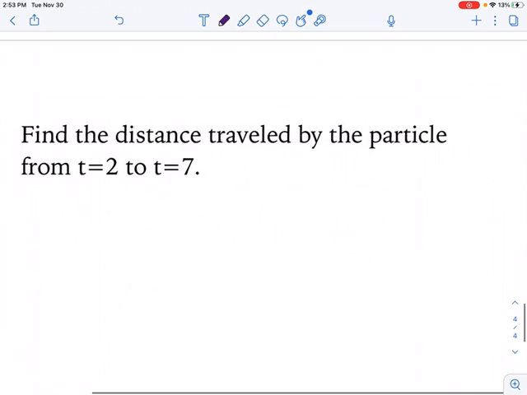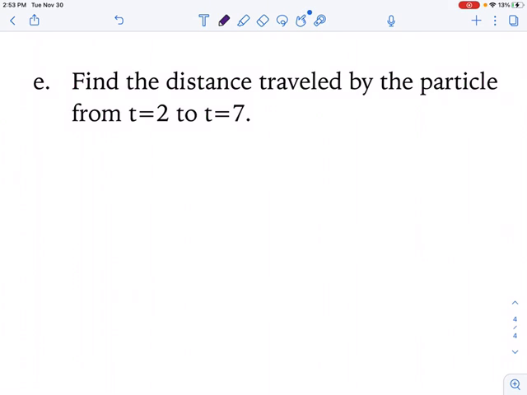Okay, now we want to know the distance traveled by the particle.